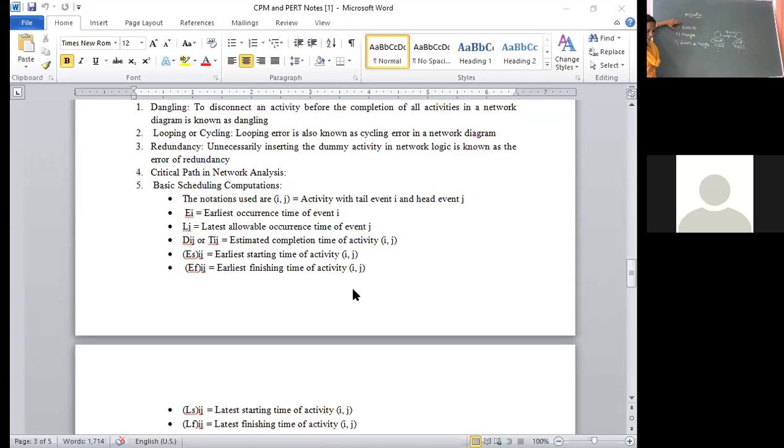Again, what is an event? In a network diagram, it represents the milestones of a project. You represent events in terms of circles. Start event: I want to go from Nigdi to Pimpri. Nigdi is my start event, Pimpri is my end event.